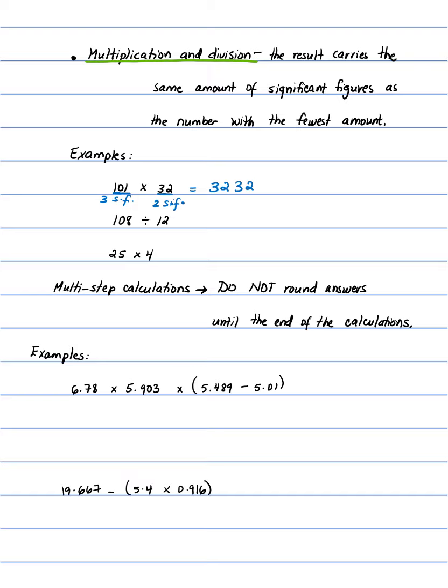So it means that your final answer needs to have two significant figures, because you need to keep as many as the number with the fewest amount. So two significant figures.